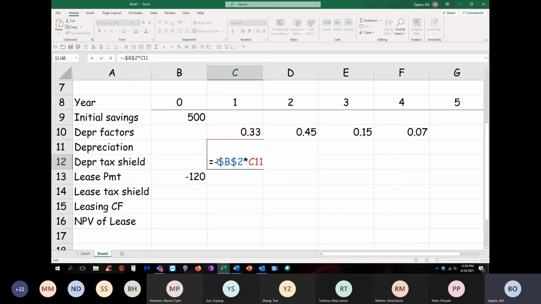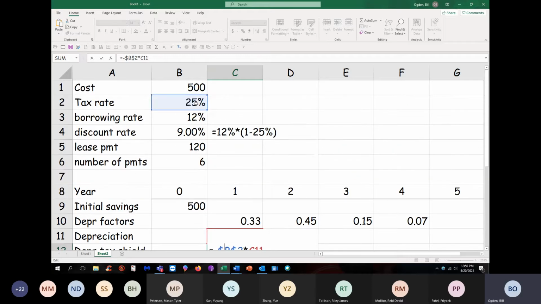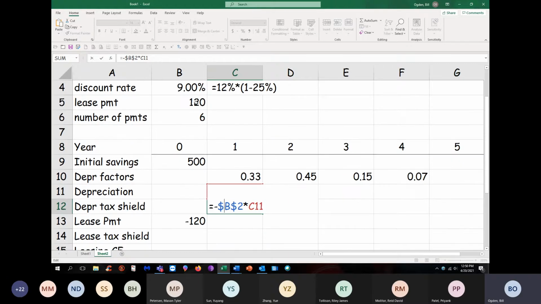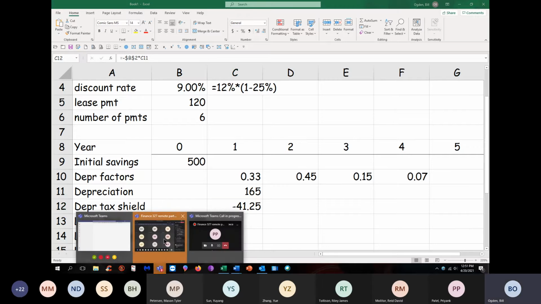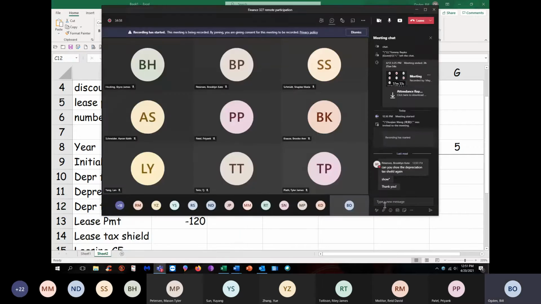And I'm multiplying the depreciation value itself times the tax rate. We'll make sure we lock the tax rate because we will soon be copying the cell all the way across. Are we okay on that? Let me make sure. All right, good. Good time to catch all these things.